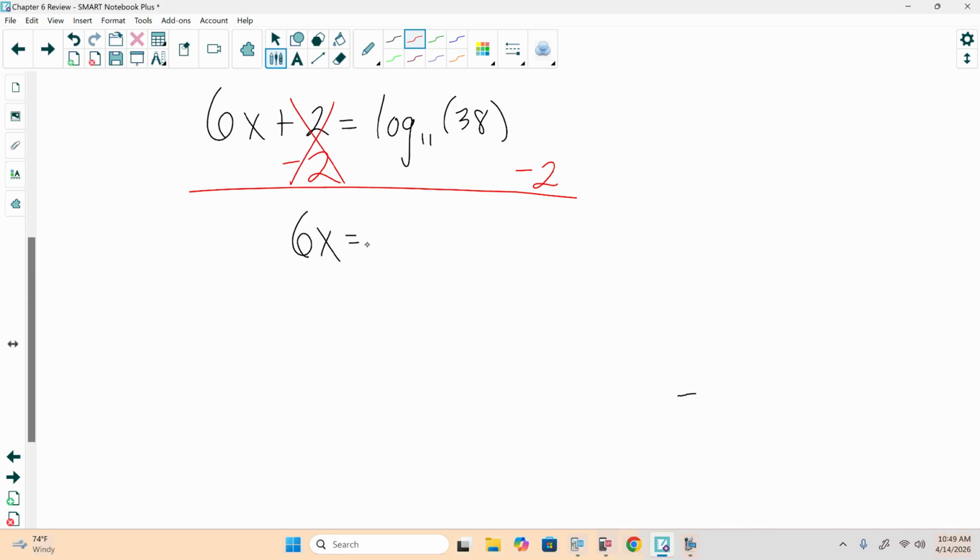Because on the left-hand side, our positive 2 minus 2 would be 0. So we're just left with 6x. On the right-hand side, we're going to get log base 11 of 38 minus 2. We cannot combine the 38 and 2 because they are not like terms.